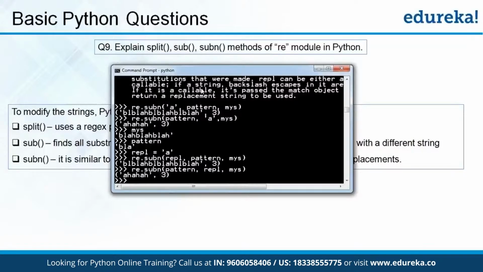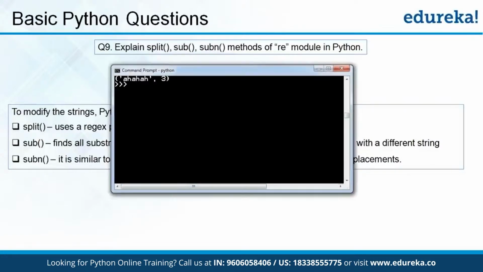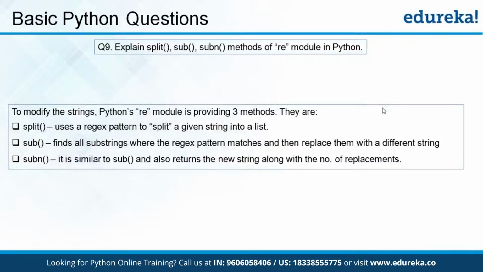Take your pattern, replace all the items in your pattern with the replacement item A, and you get A, A, A. So BLA is replaced with A, and it gives you how many times it has been substituted. Okay, so let's continue with our questions.